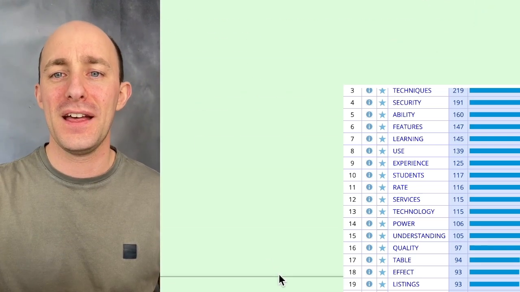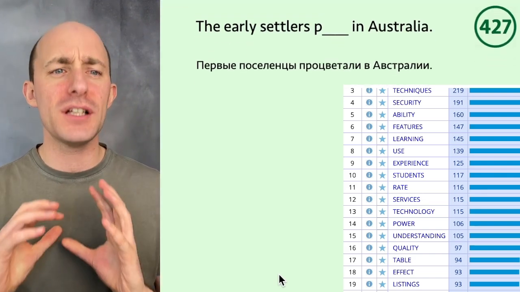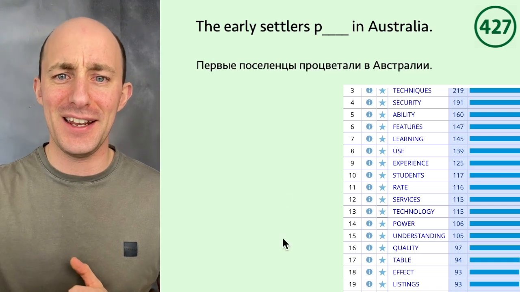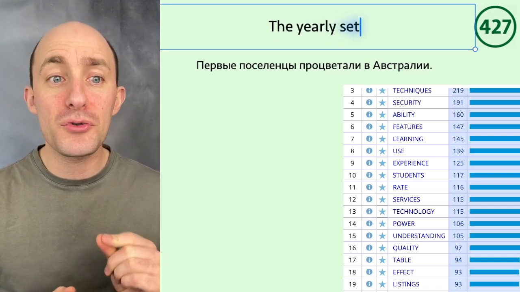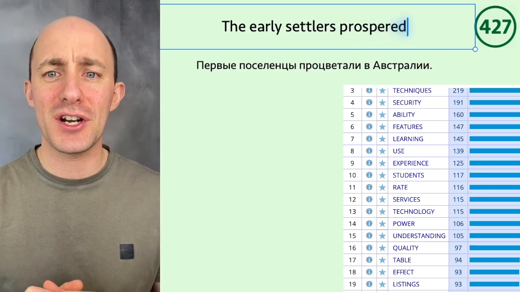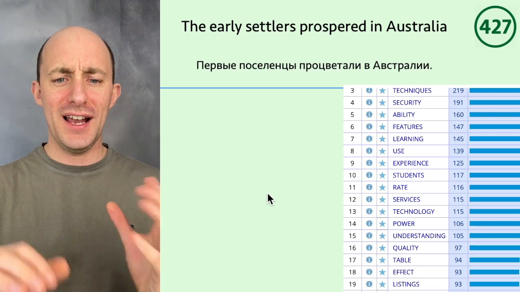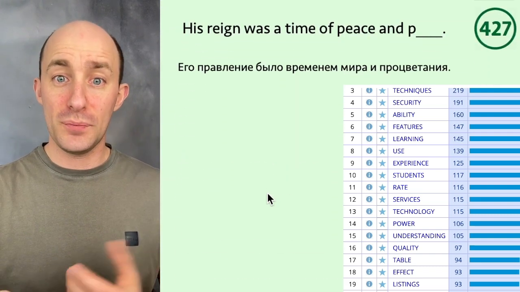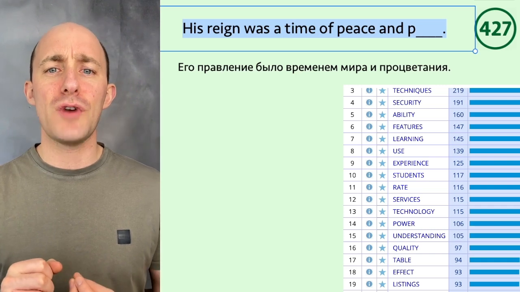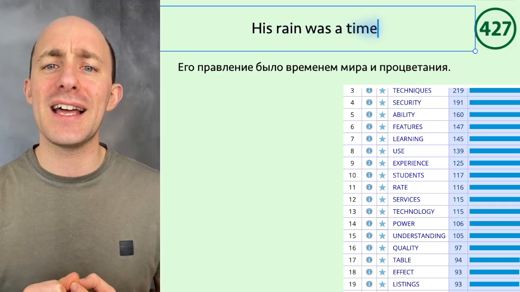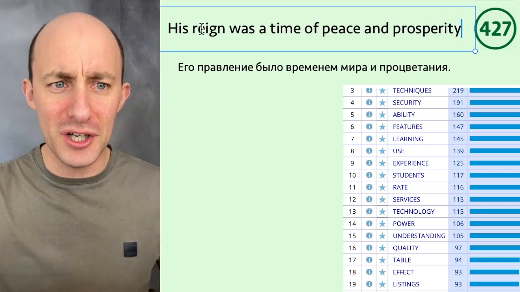Magnificent. The next one. Первые поселенцы процветали в Австралии. The early settlers prospered in Australia. They prospered, процветали. Его правление было временем мира и процветания. His reign was a time of peace and prosperity. Obviously here we are not talking about дождь.